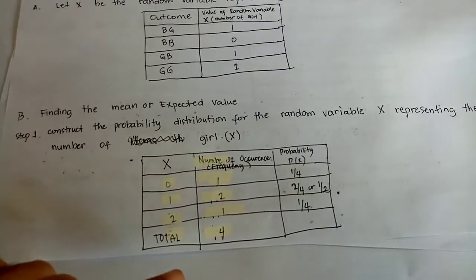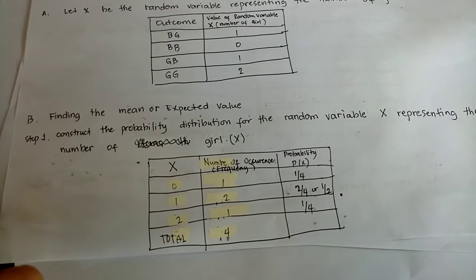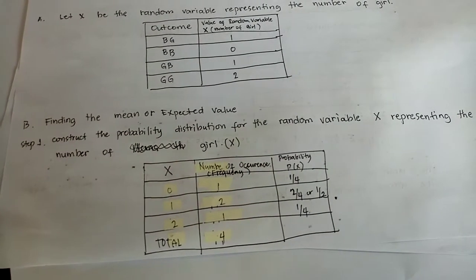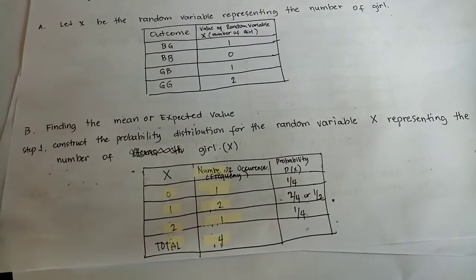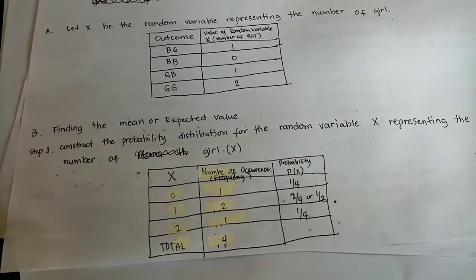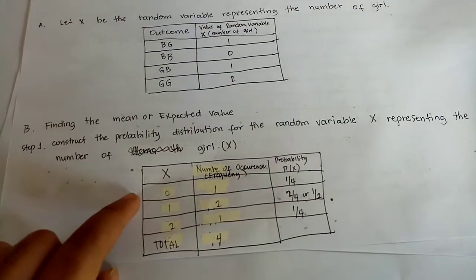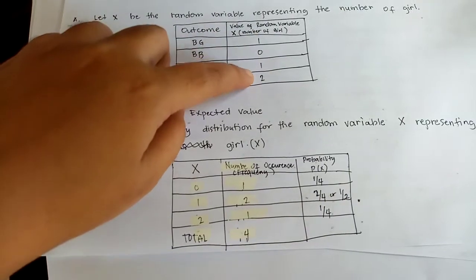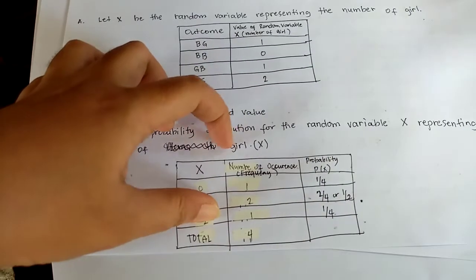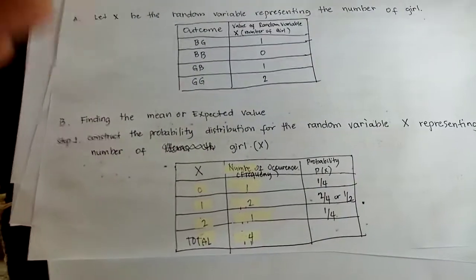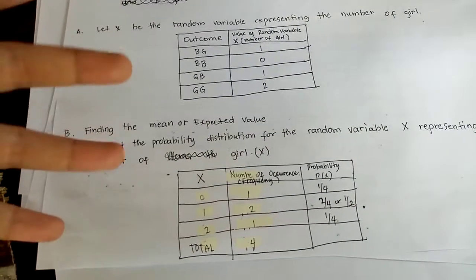So, dun po sa random variable and probability distribution, sa pagkuha ng probability, aalamin muna natin yung number of occurrence or frequency. Since yung 0 is isang beses lang naman po siya nag-appear dito. So, yung number of frequency po, ilang beses ba nag-appear yung outcome.